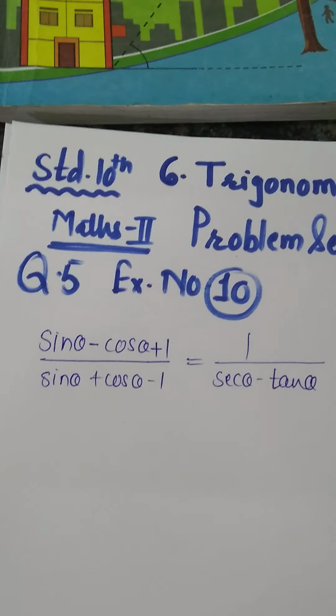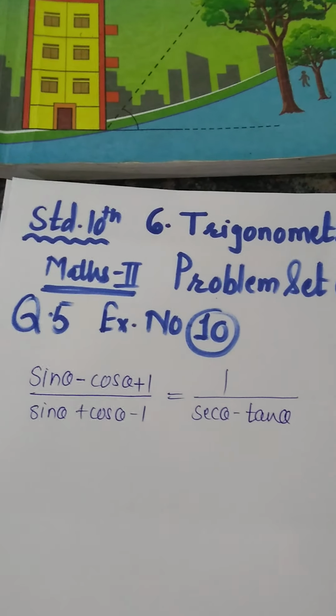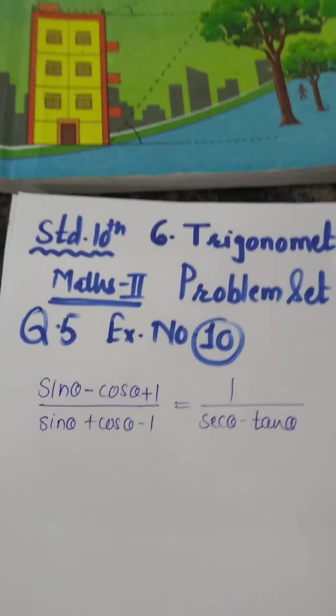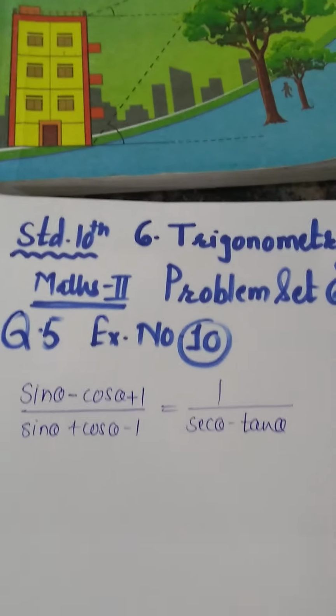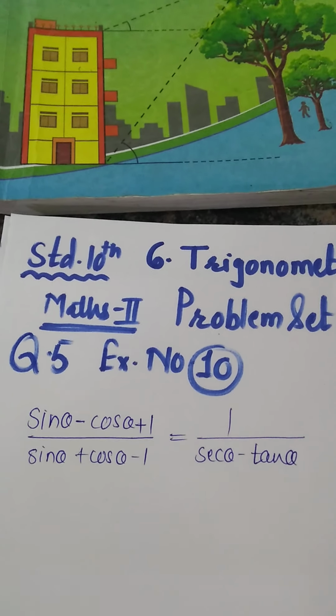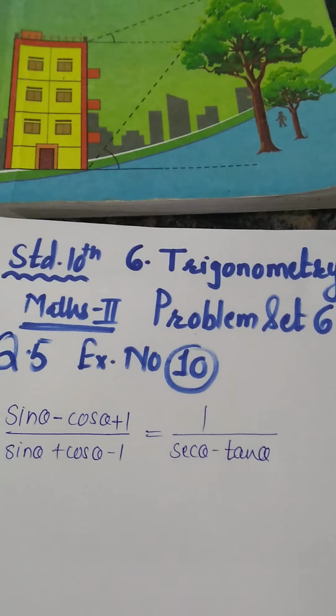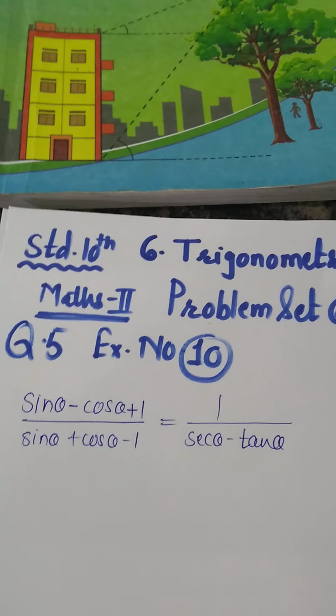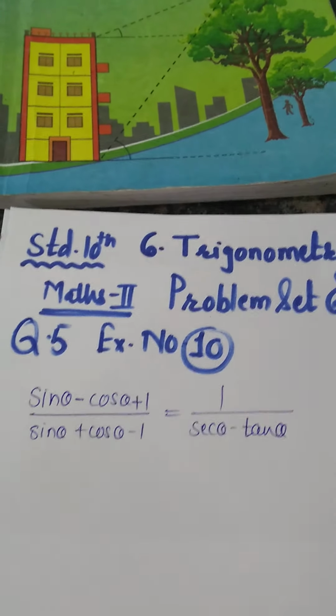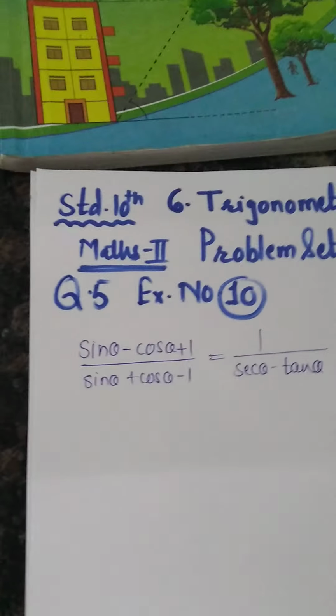(sin θ − cos θ + 1)/(sin θ + cos θ − 1) = 1/(sec θ − tan θ). When we solve the left hand side and prove that it is exactly equal to the right hand side, at that time this example will be proved.